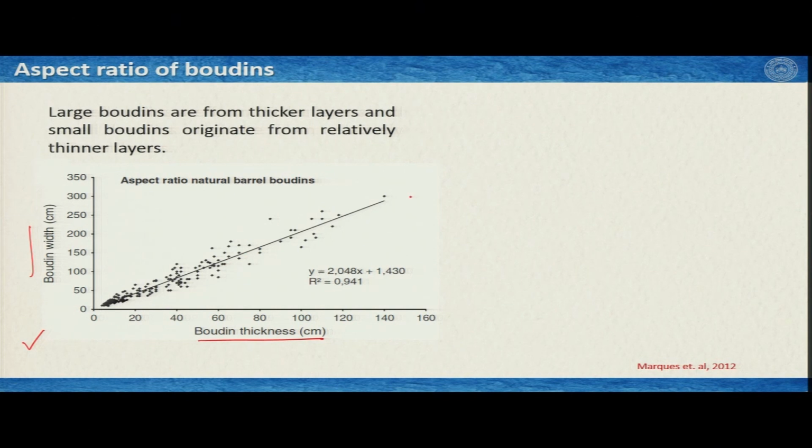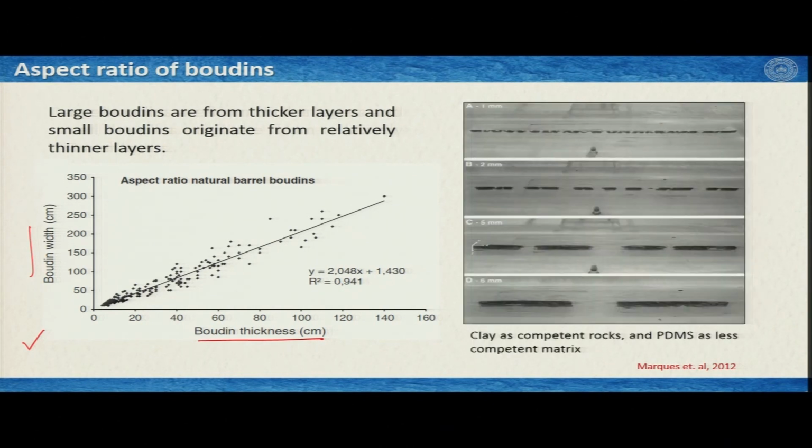They more or less follow a linear relationship, as you can see here from a lot of data that Fernando collected, and he also conducted analog experiments. We have seen this image in the last lecture, but what we see here is that this is a thicker layer and this is a much thinner layer, and with this thicker layer we have large boudins, and with the thinner layer slowly we are increasing the number of boudins.